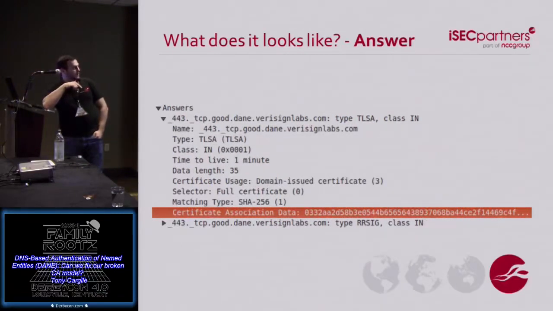So we can look here and say, all right, this is a domain issued certificate, so we're actually pinning on a certificate that doesn't have to be validated by PKIX. We're specifying the full certificate, and we're specifying a SHA-256 of this. And here is the actual hash of that certificate.